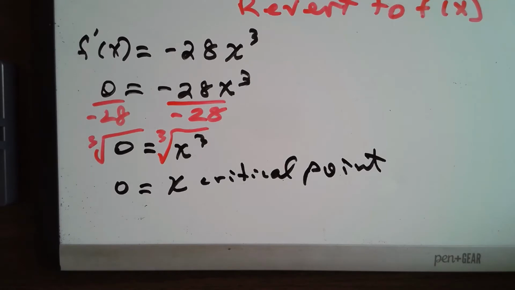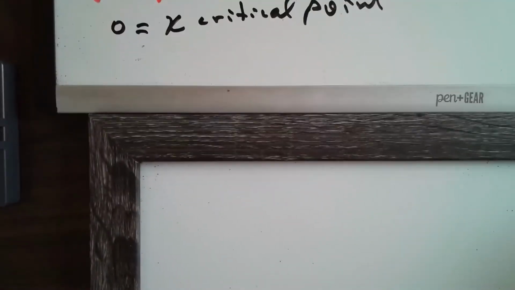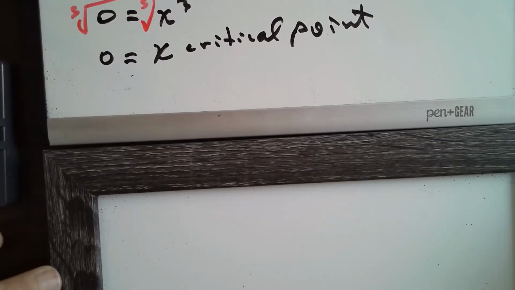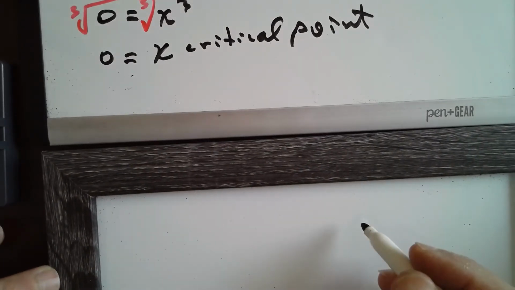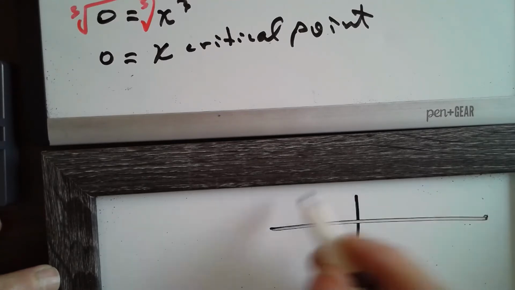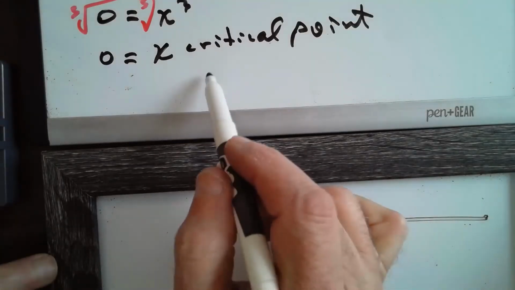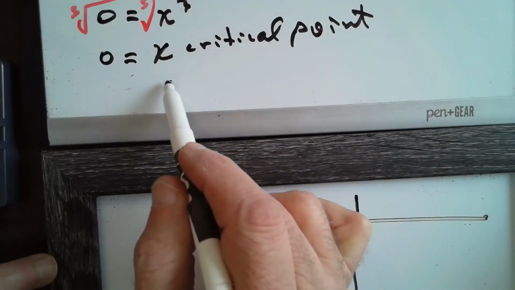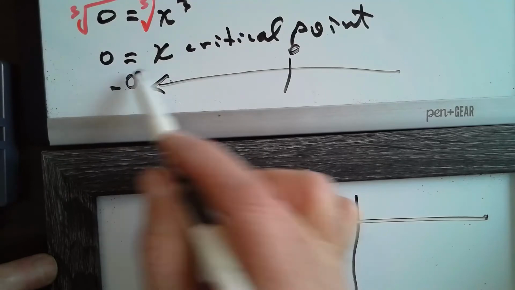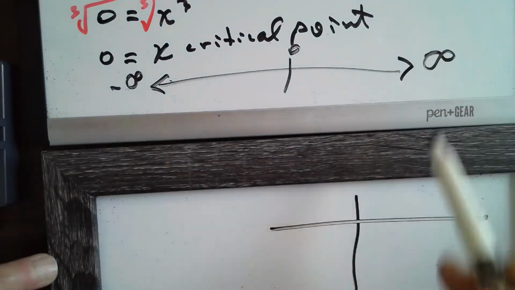So that means we're going to look at our table. If we're looking at this as a number line, here's 0, here's negative infinity, here's positive infinity.